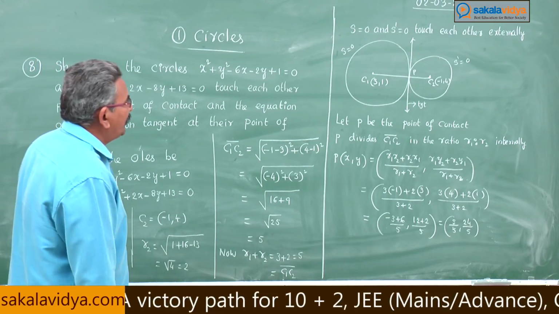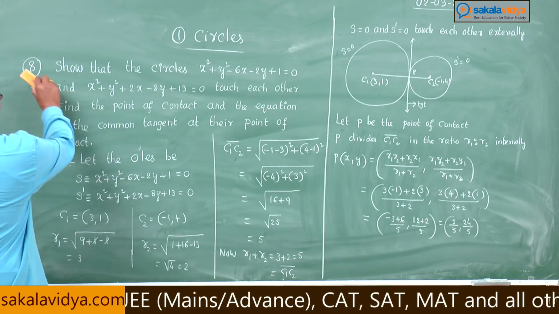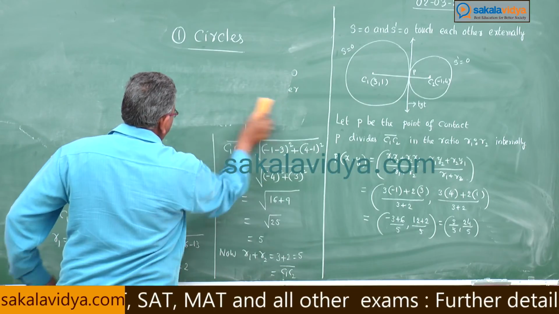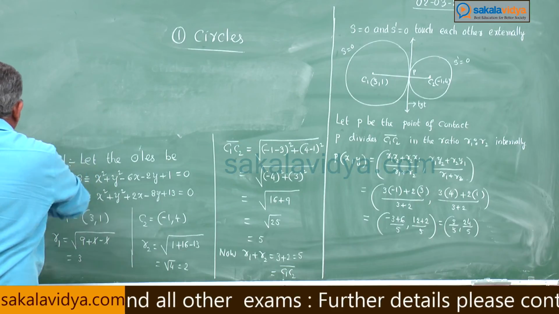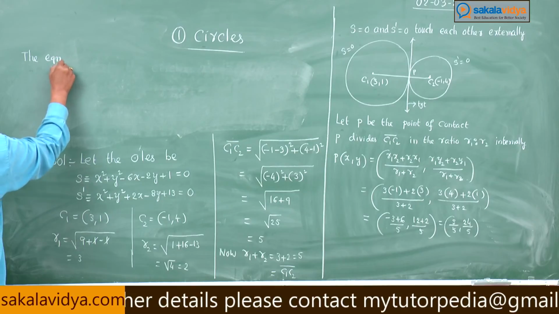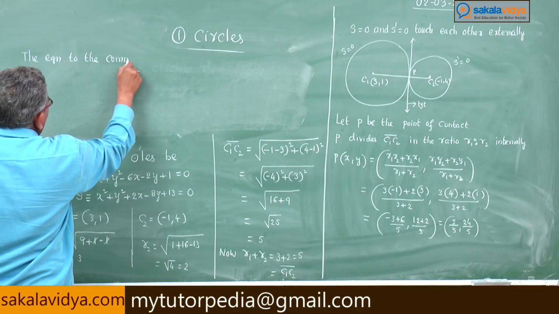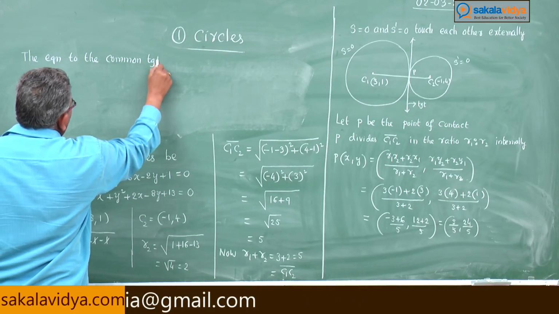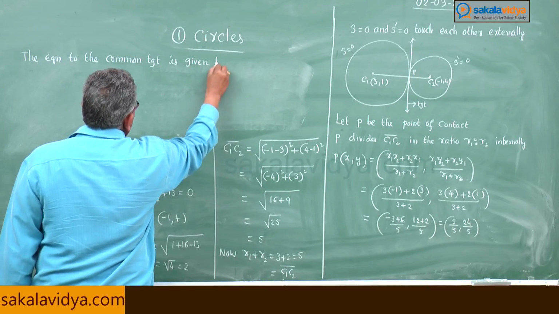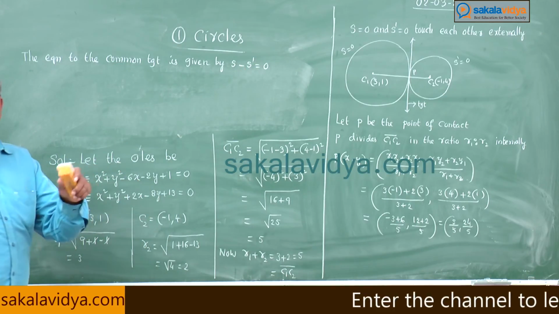Now, what do we have to find out next? The equation of the common tangent. The equation of the common tangent is given by S minus S dash is equal to 0, or S dash minus S is equal to 0, both are same.